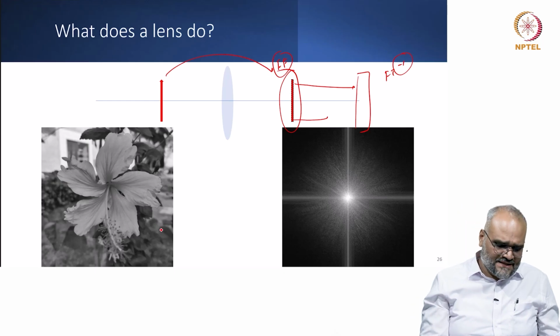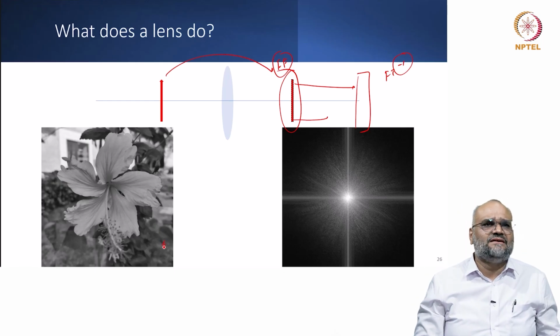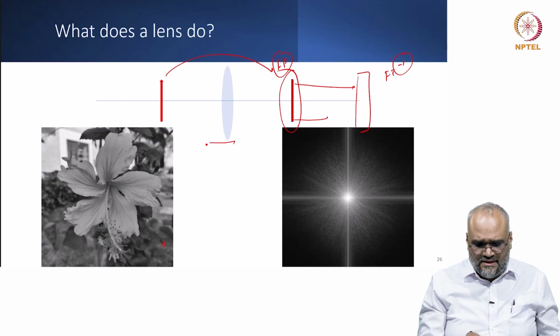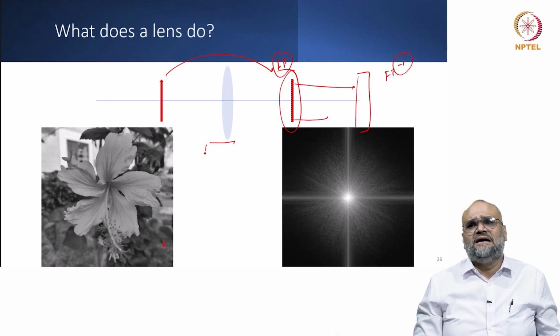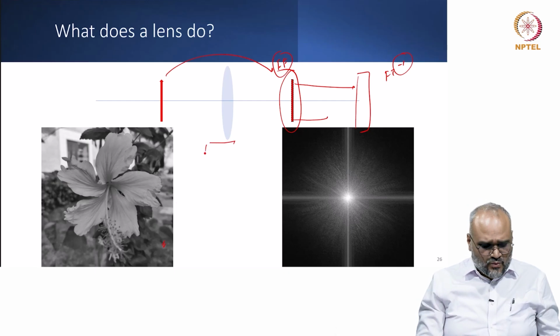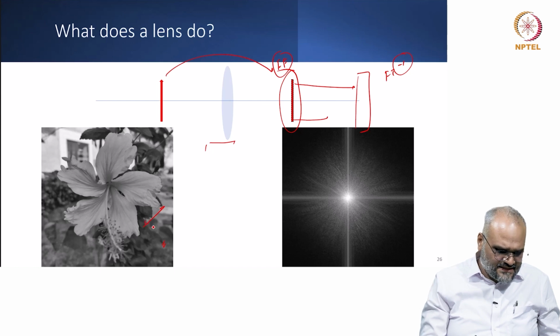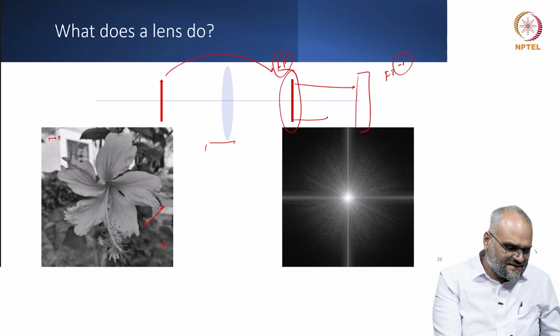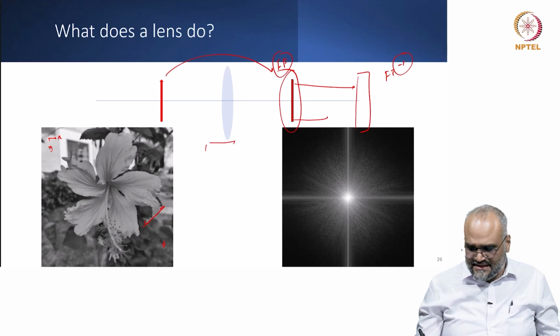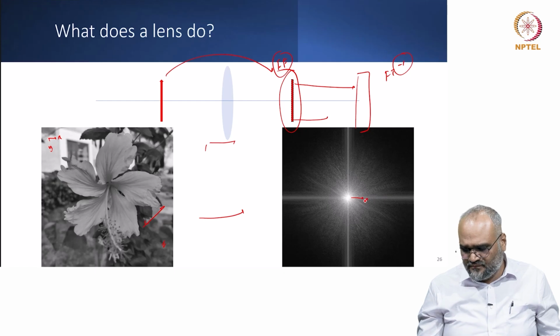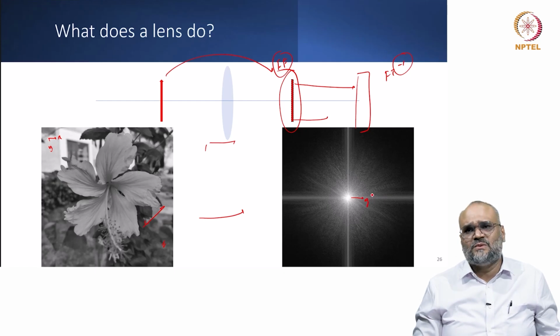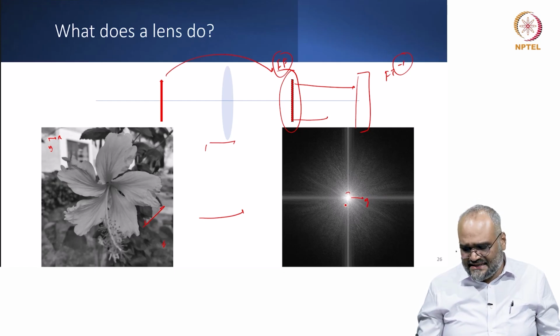If I take an image as you see on the left here, and if you assume that this is the object, and if it is going through a lens, if I apply a Fourier transform, what I see here in the spatial domain, where I can describe the features with x and y coordinates, I can now display them with radial coordinates through the frequency and also the intensity here.